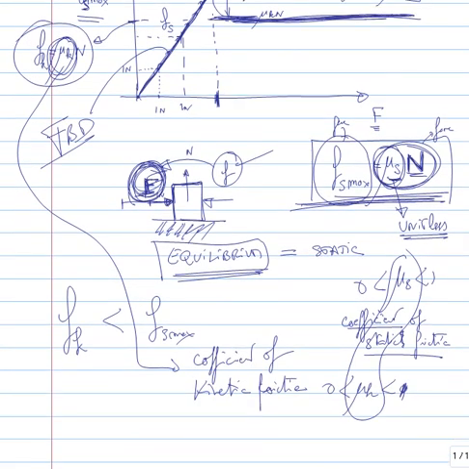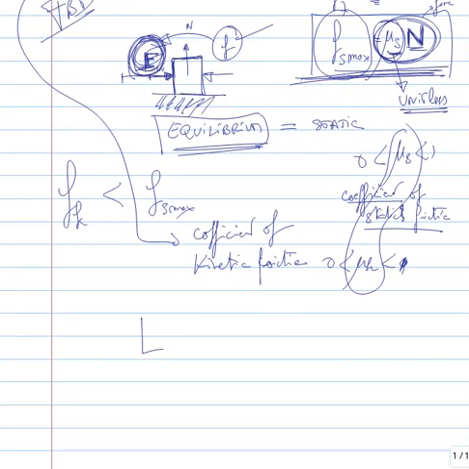So if you have a particular object and a particular surface, you are going to have a mu_s and a mu_k associated with this surface, and you know that mu_s is always going to be bigger than mu_k. A typical value that you will see is mu_s might be equal to 0.35, mu_k might be equal to 0.2.